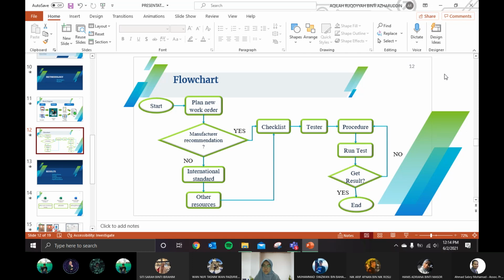If yes, we can go through to do the checklist, and if not, we need to find the original international standard and other resources. And then we do the checklist.